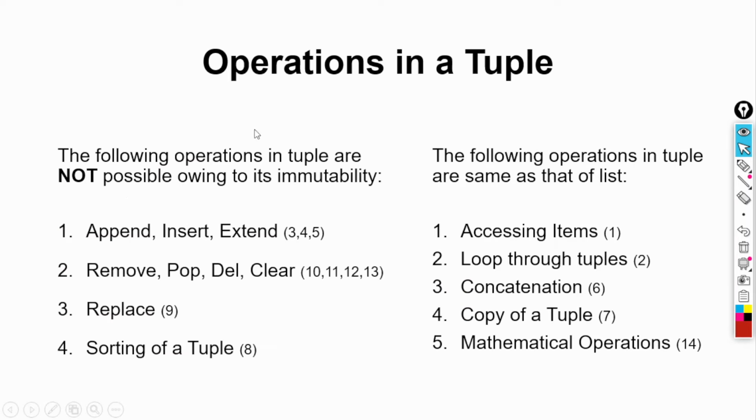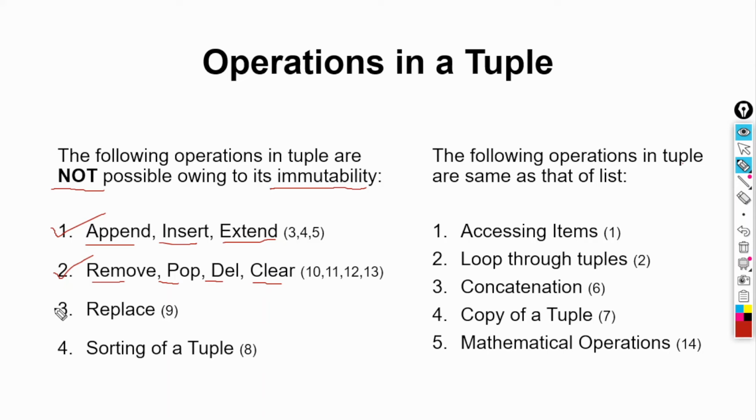Now, tuples cannot perform some operations that lists can, due to their immutability. What are those? Append, insert, and extend. These are things that tuples cannot do. They also cannot perform remove, pop, delete, or clear operations, unlike lists.